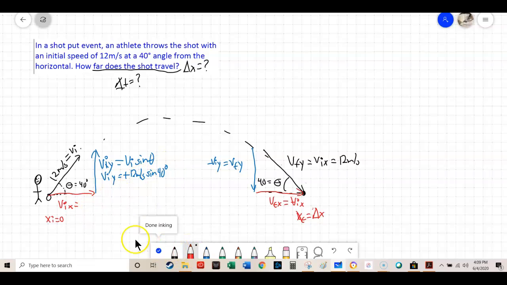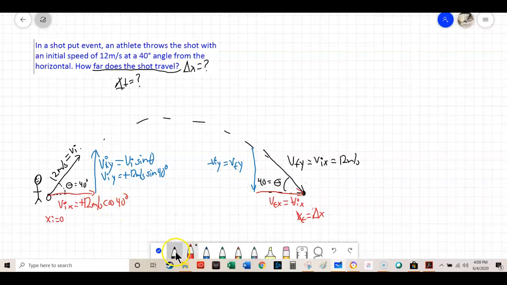In the x direction, it's going to be to the right, 12 meters per second cosine of 40 degrees, because that is adjacent to that angle, right? All right. Here we go.